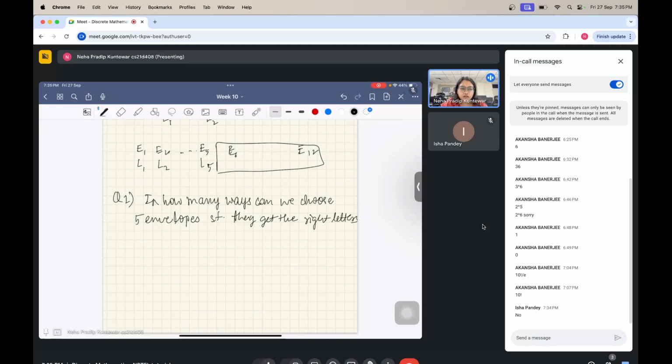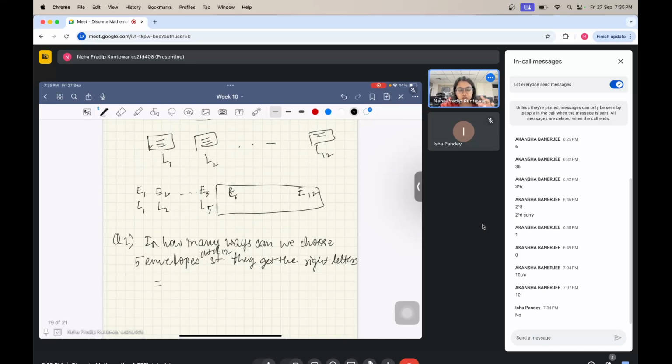So what is the answer for this question 1? There are 12 envelopes and you want to choose 5 of them. So in how many ways can we do that?